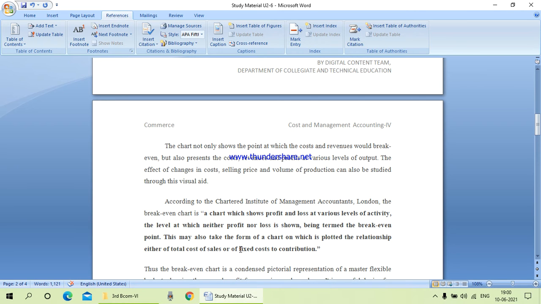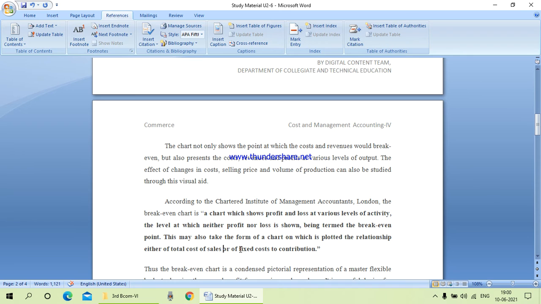Again, this may also take the form of a chart on which is plotted the relationship either of total cost of sales or fixed costs to contribution.